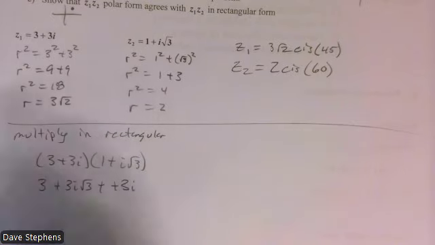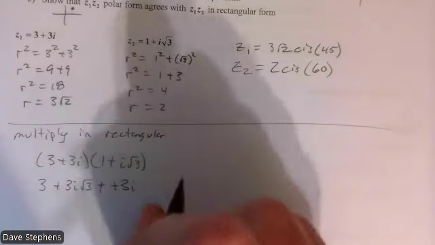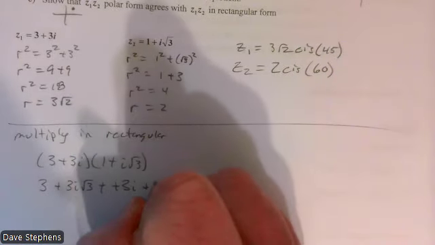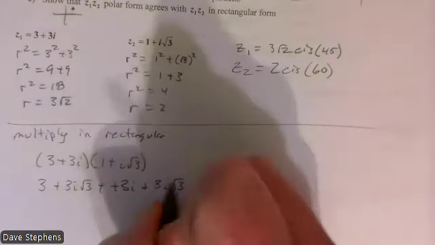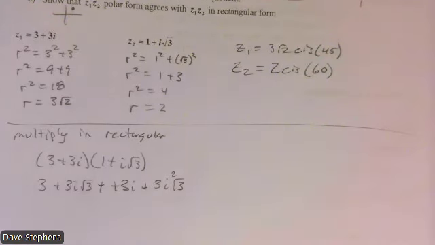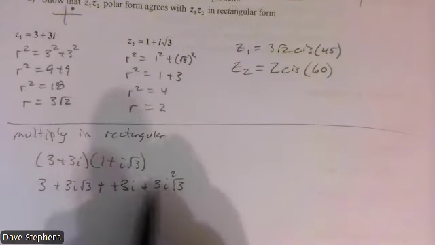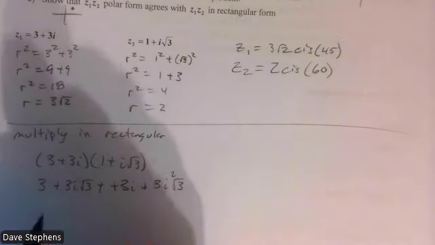Then 3i times i root 3, good gravy. That is a positive 3 root 3 times i squared. That's an i squared, Dave. You're right. And i squared is -1, so that turns that into a minus.